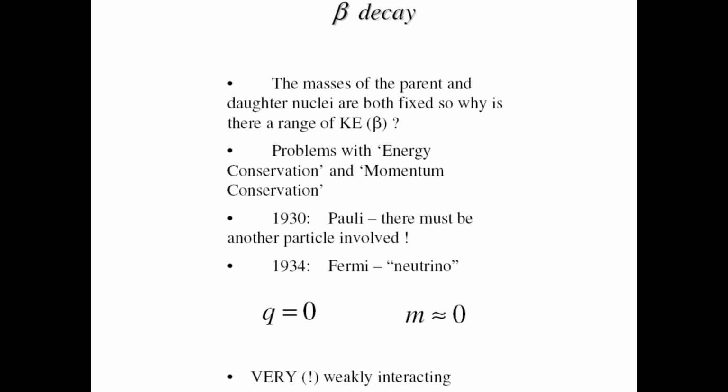The discussion continued, and it came to Enrico Fermi in 1934, who named the neutrino. While describing the characteristics of the neutrino, he said that it must be a particle with net charge equal to zero and mass approximately equal to zero.